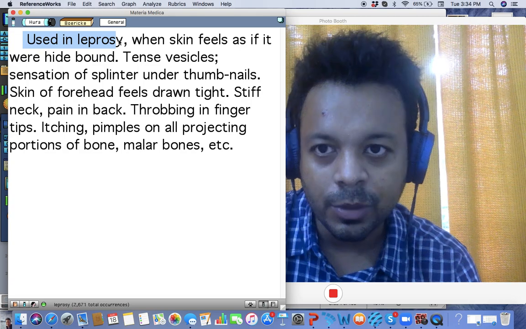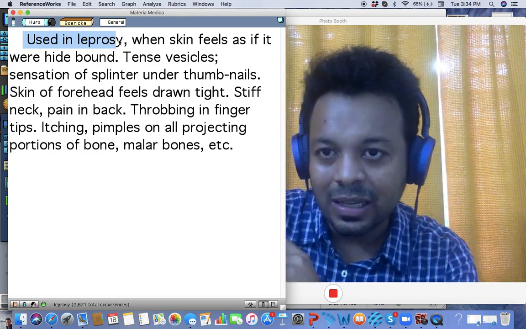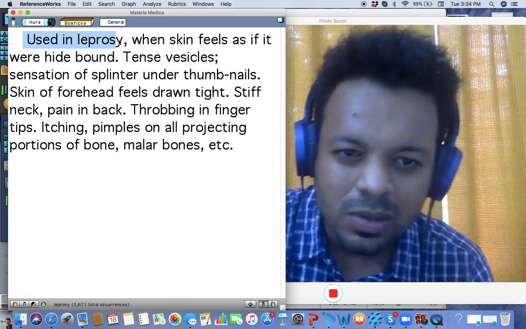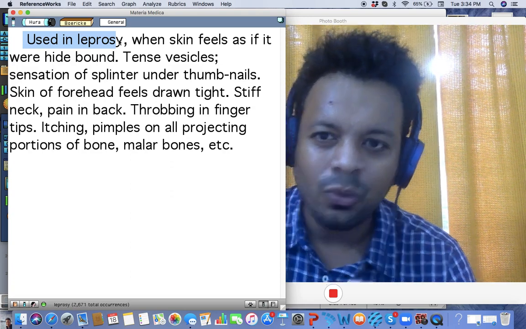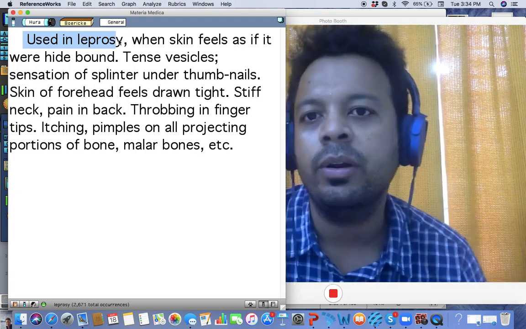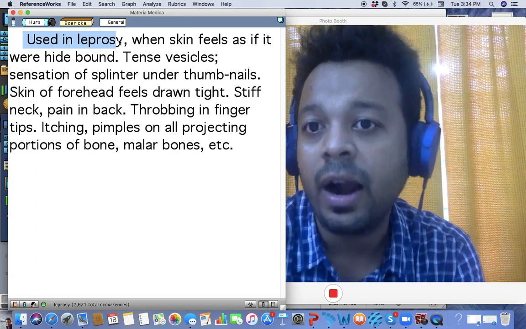This is interesting because physically it's important for leprosy or cases where skin gets very thickened, and emotionally they also feel like a leper. And who is a leper? A leper is a person who doesn't want to be touched, who feels totally forsaken. So you can see this connection of mind and body, and he feels as if skin is tight, as if hidebound.